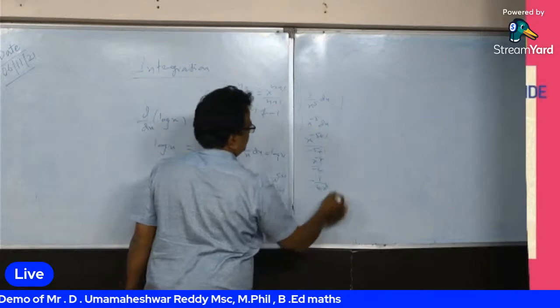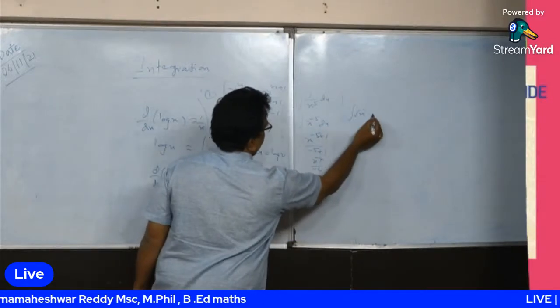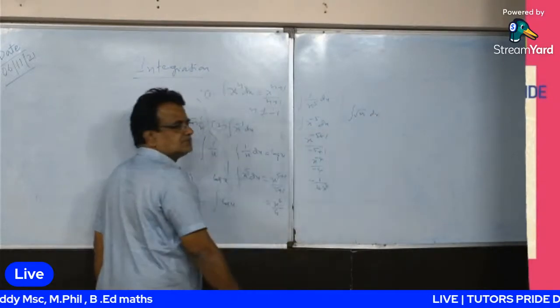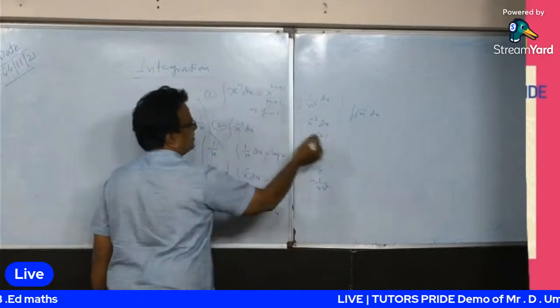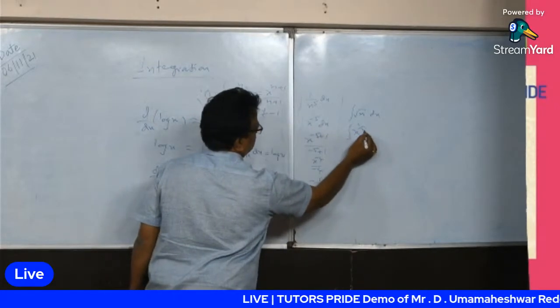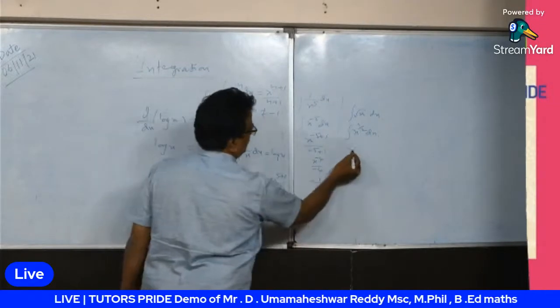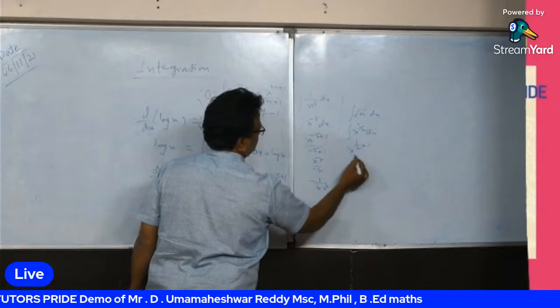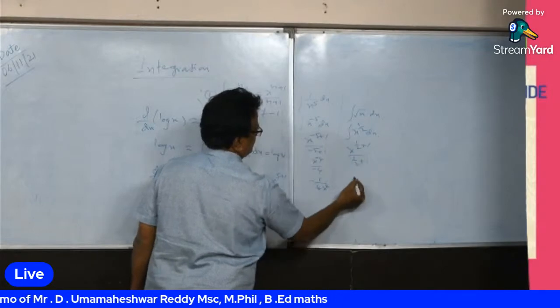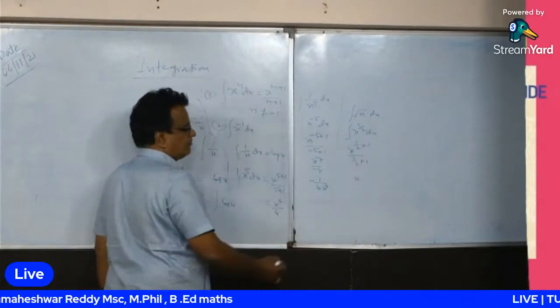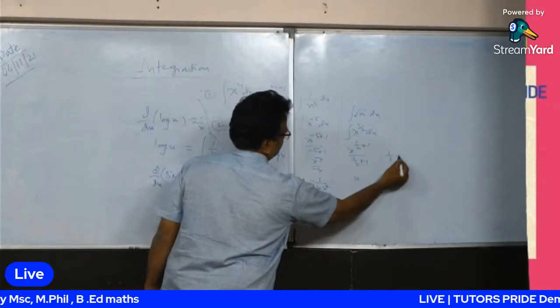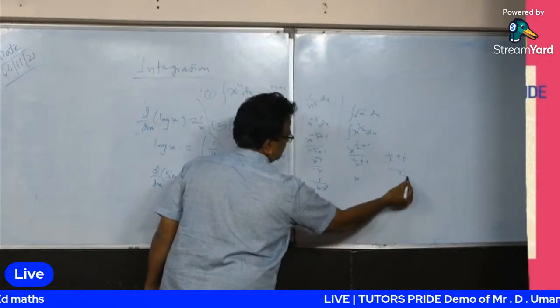Integration of root x dx. Write root x in this form, x to the power of 1 by 2, right. Using the x to the power of n formula, x to the power of half plus 1 by half plus 1. Add half and 1: put 1 by 1 and take LCM 2.